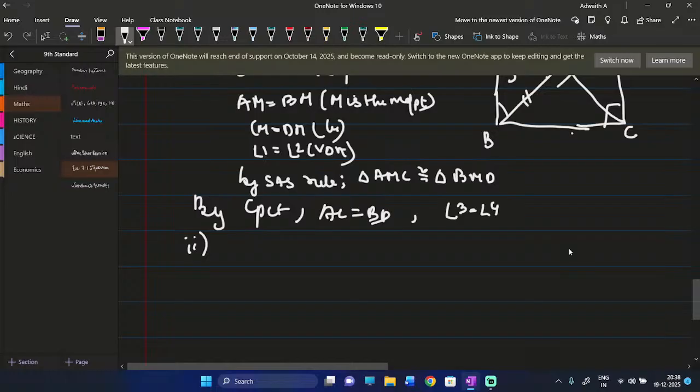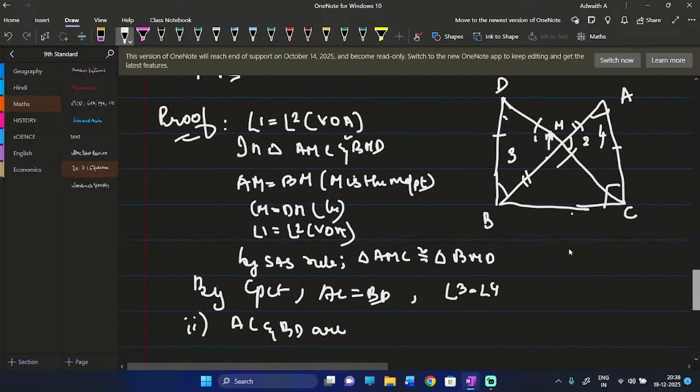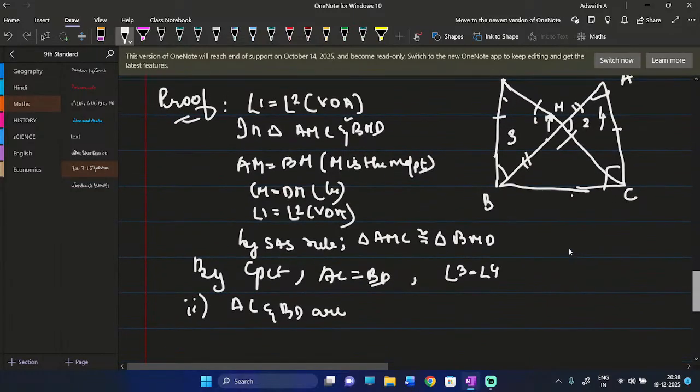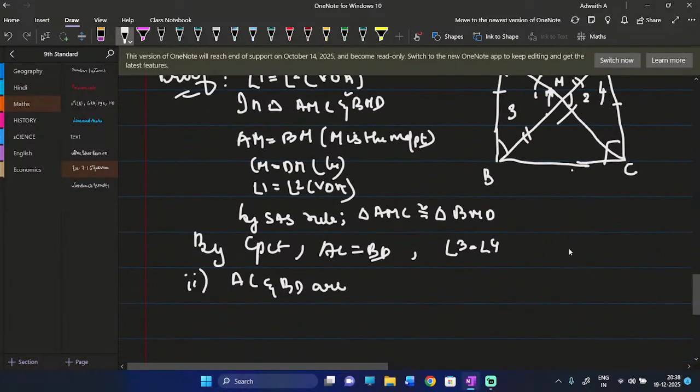How? AC and BD are lines. Angle 3 is equal to angle 4 and they are alternate interior angles.